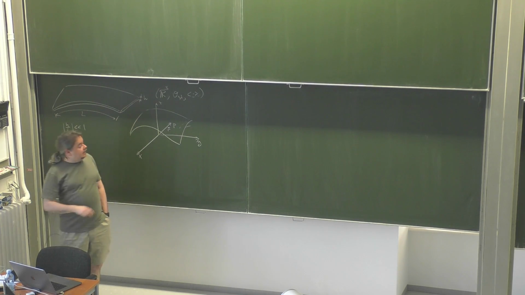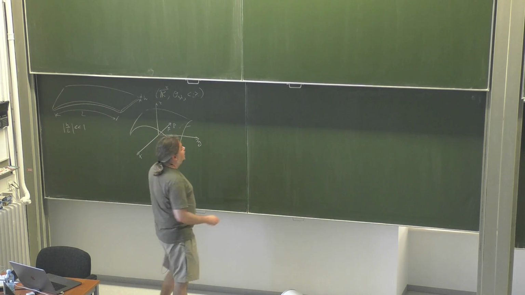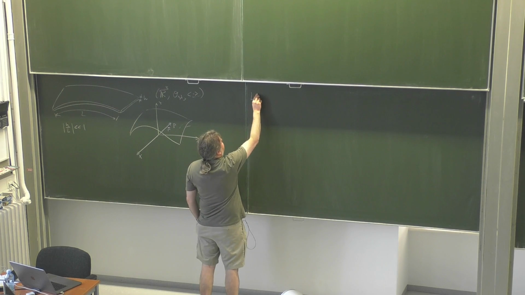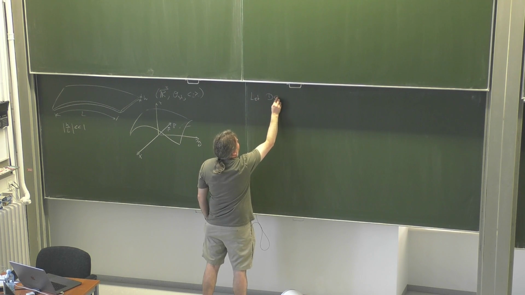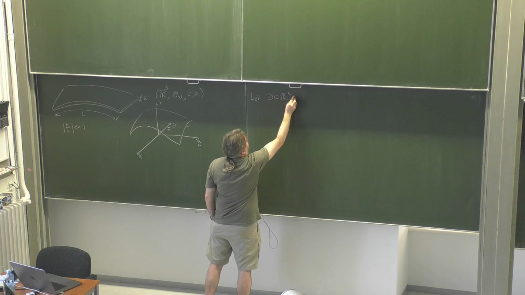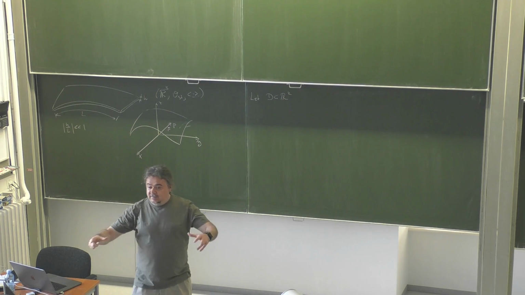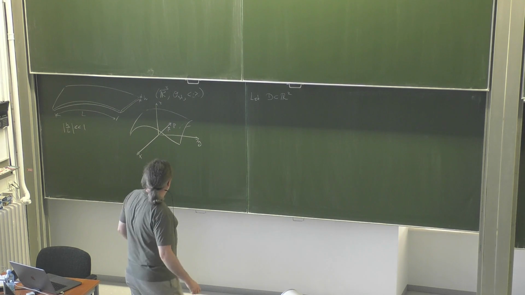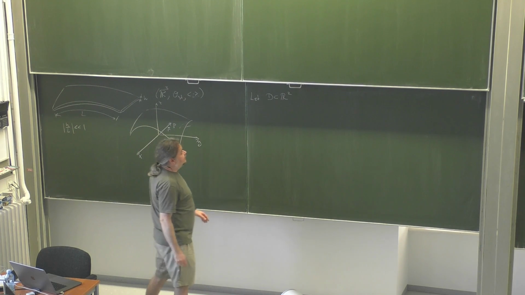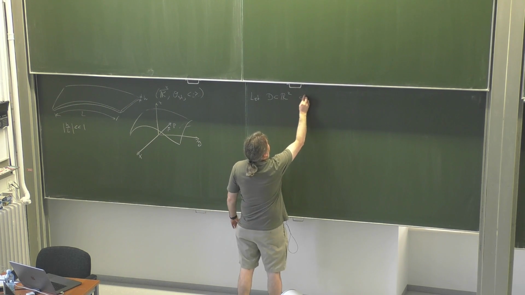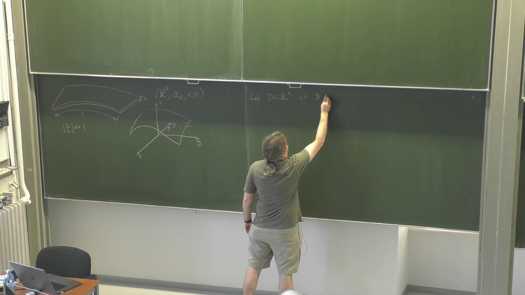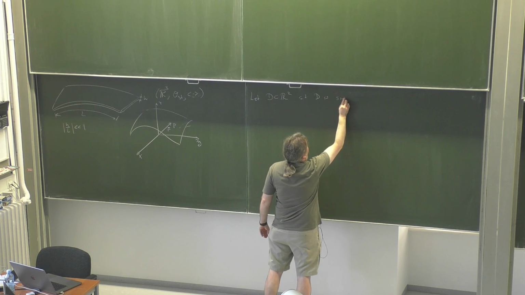So to be a bit more formal, let's say D is some subset of R2, right? So it's a region in the plane, such that D is simply connected.